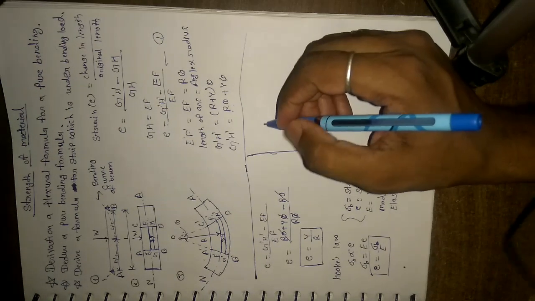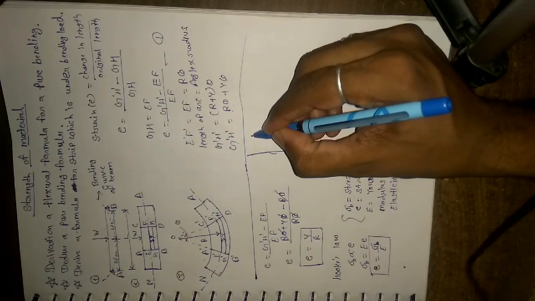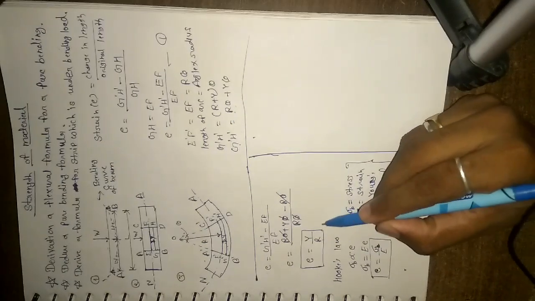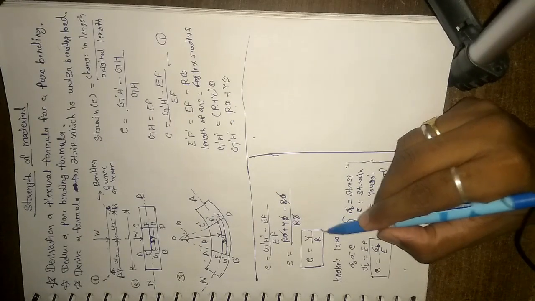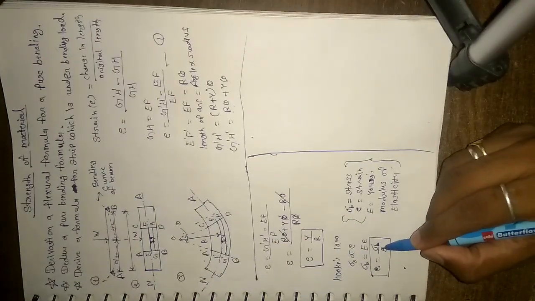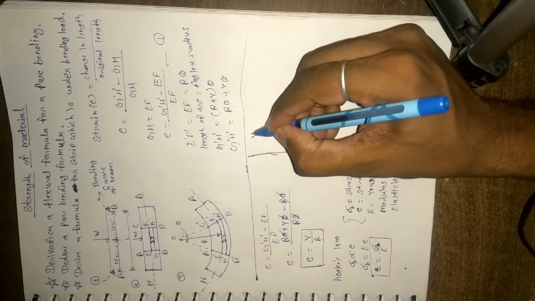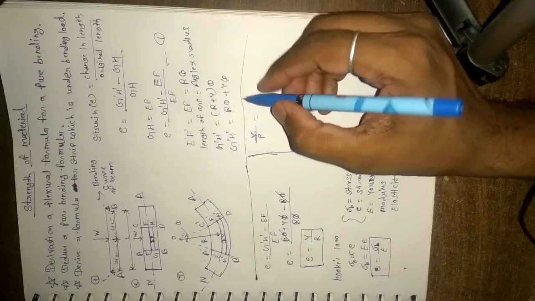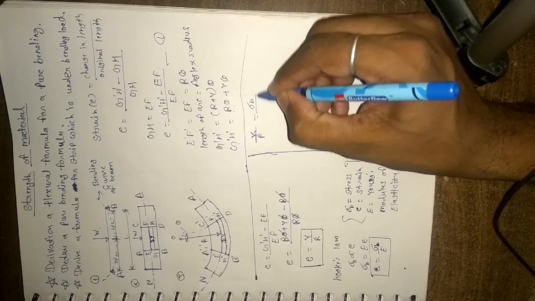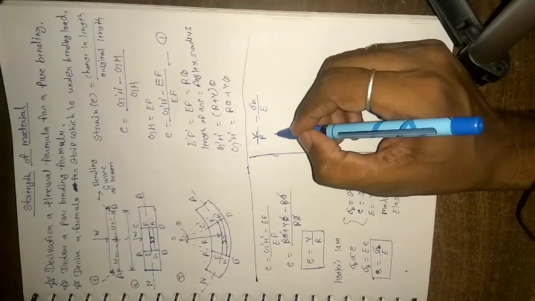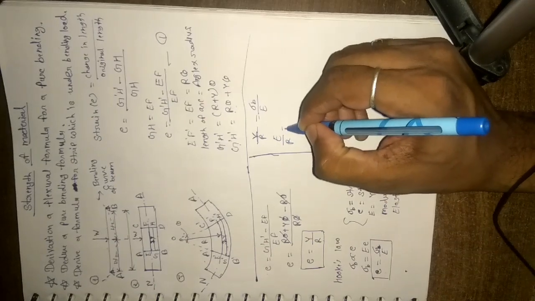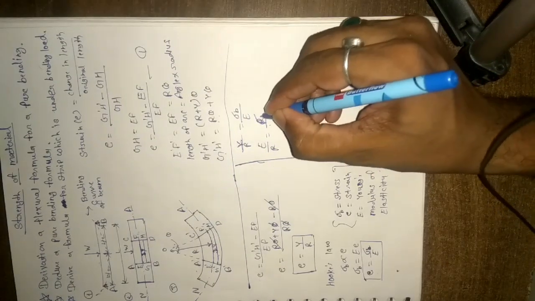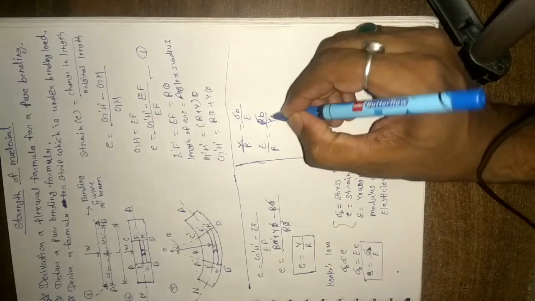So obviously, as we know from this relationship, strain is equal to y upon R and E is equal to sigma b upon strain. So y upon R equals sigma b upon E. So E upon R equals sigma b upon y.